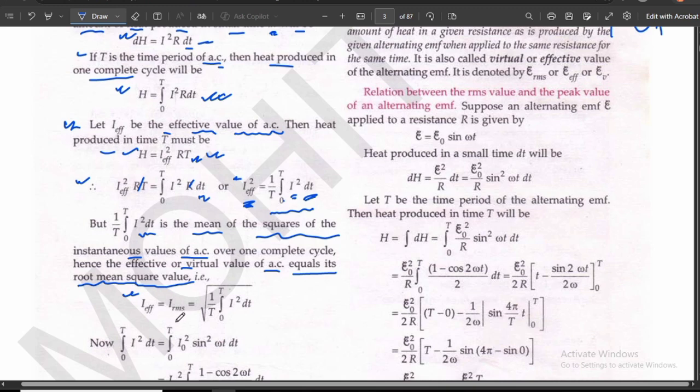So I effective is IRMS, root under 1 by T integral 0 to T I square dt. This is the IRMS or I effective value of AC current.